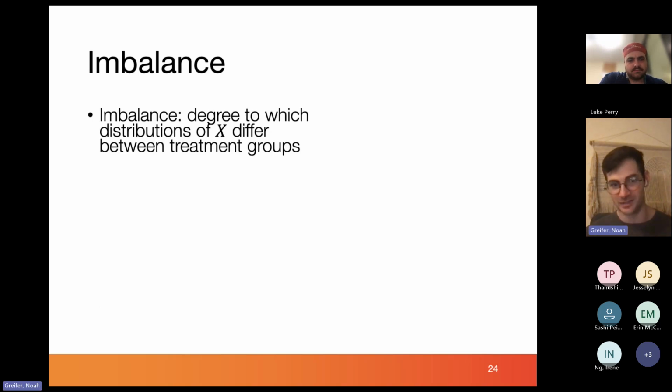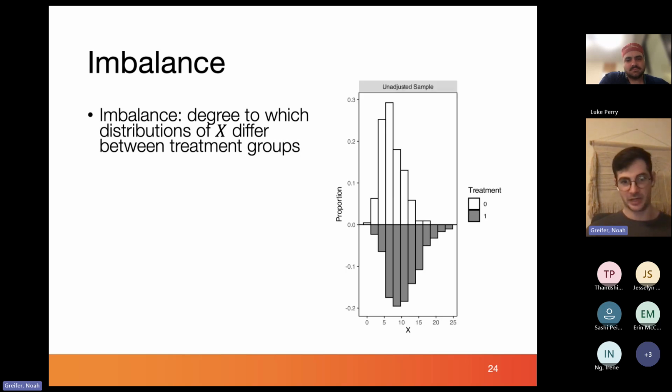A critical concept in understanding matching and weighting is imbalance. Imbalance is the degree to which the distribution of a variable differs between treatment groups. So for example, here is a mirrored histogram. On the x-axis is our variable x, which takes on values from, let's say, 0 to 25.